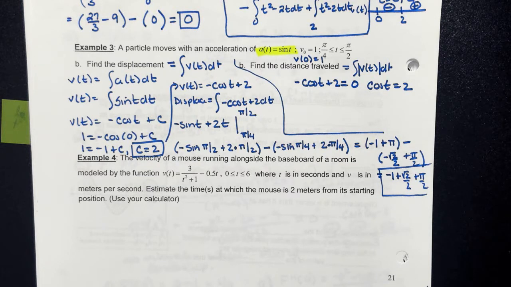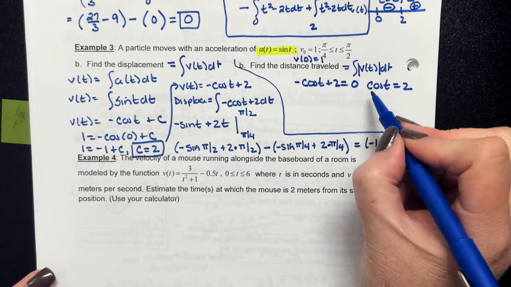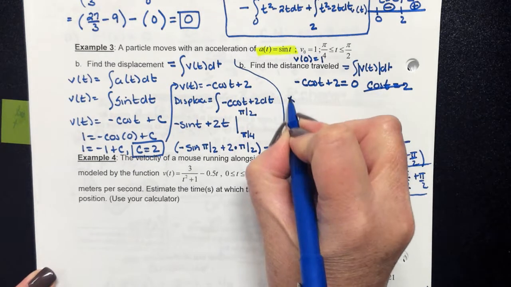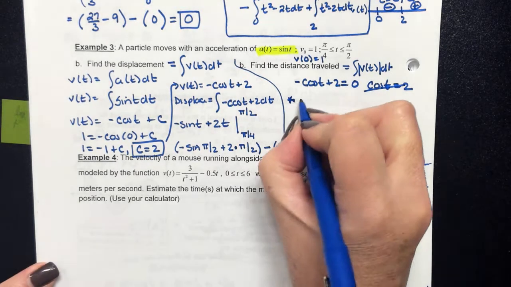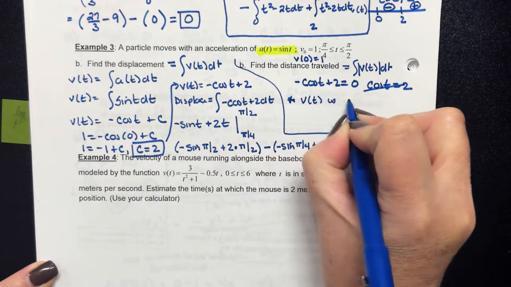Can you solve that? No, it's not possible, because remember, what's the range of cosine? The range of cosine is going to go from negative 1 to 1. So this is not possible to solve. So what's happening here? Is there going to be any place where the velocity is negative? No, there is no place where velocity is negative. So again, the v of t is always positive.